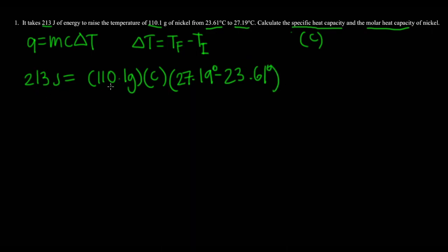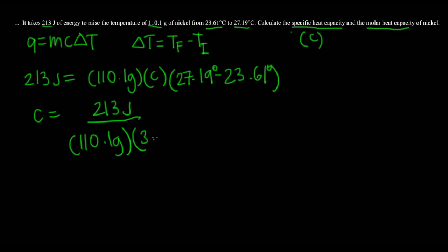So now that we have one equation and just one variable, we can manipulate the equation to solve for c. So c is equal to 213 joules divided by 110.1 grams times ΔT, which is 27.19 minus 23.61, and that is 3.58 degrees Celsius.